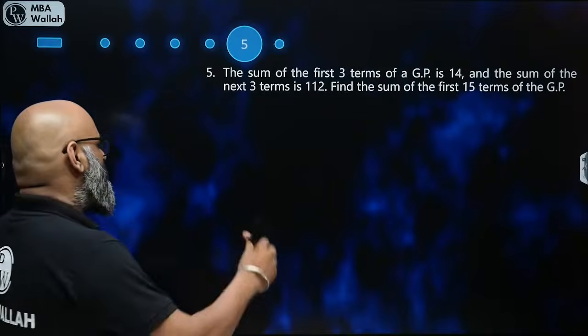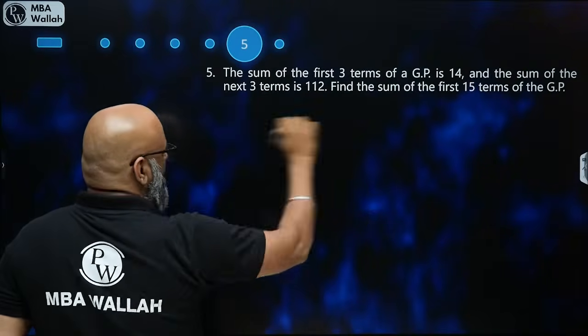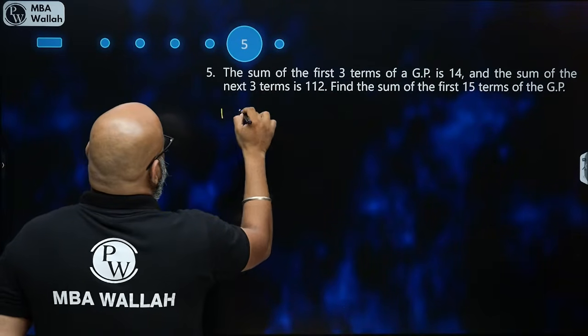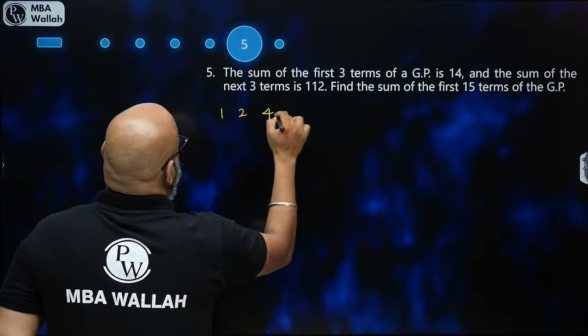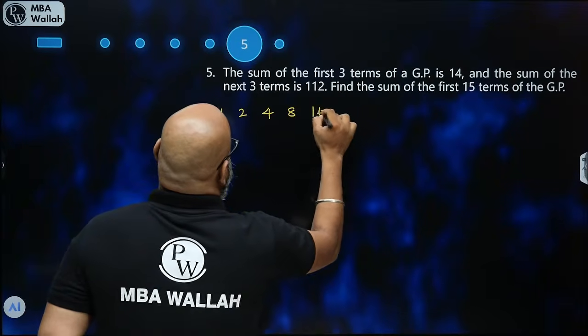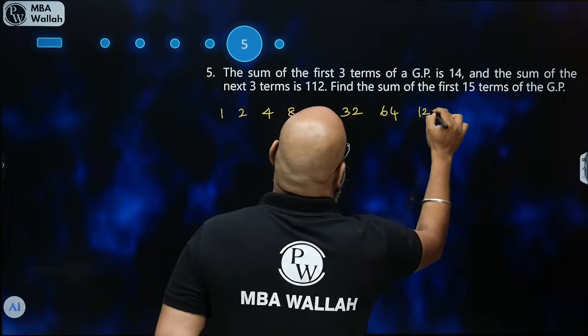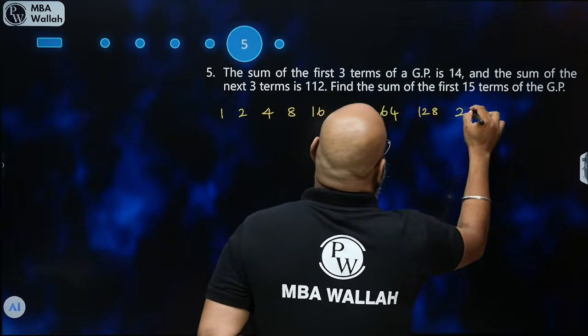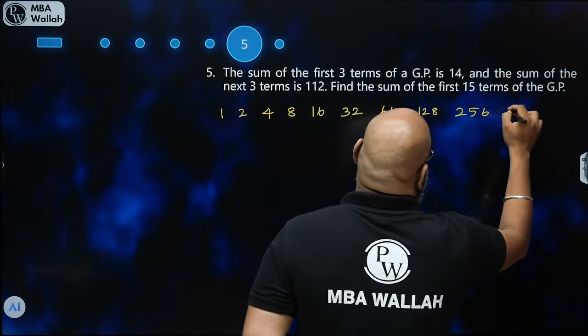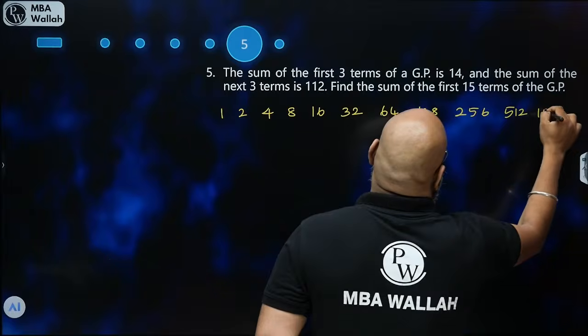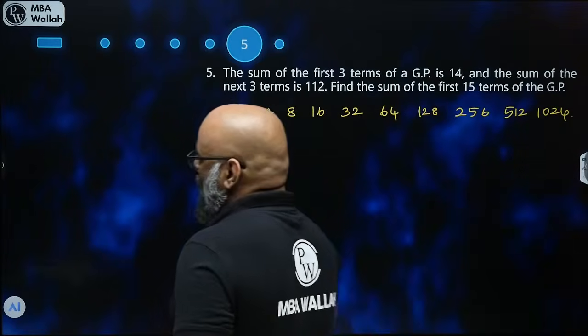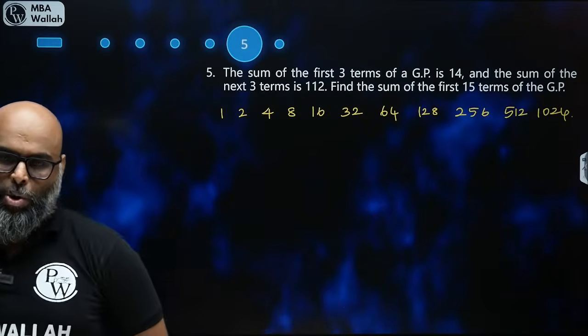Let's say I take a GP: 1, 2, 4, 8, 16, 32, 64, 128, 256 and then 512, 1024. I've written all the way from 2 power 0 to 2 power 10.